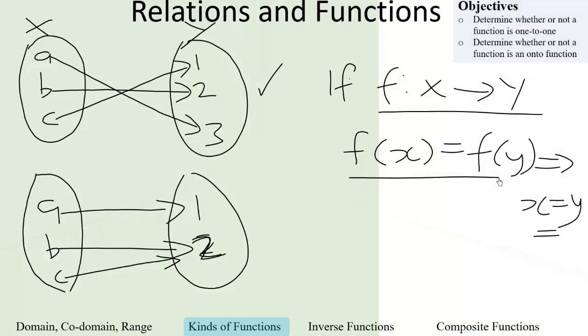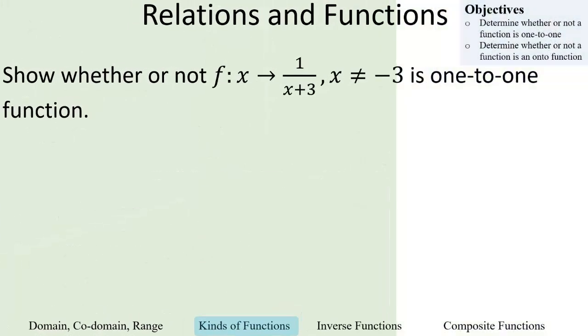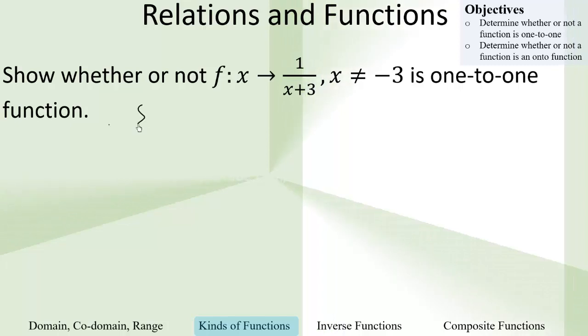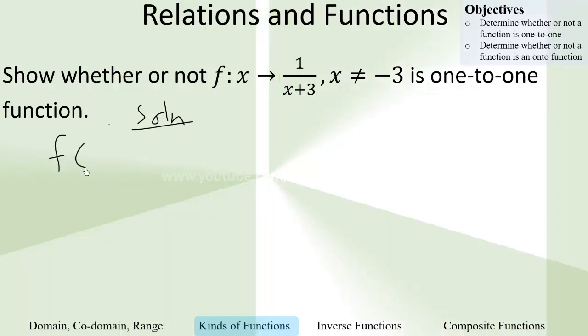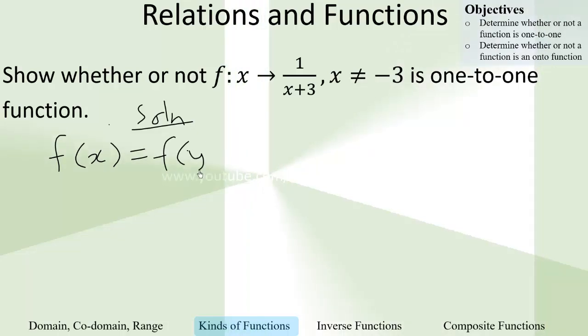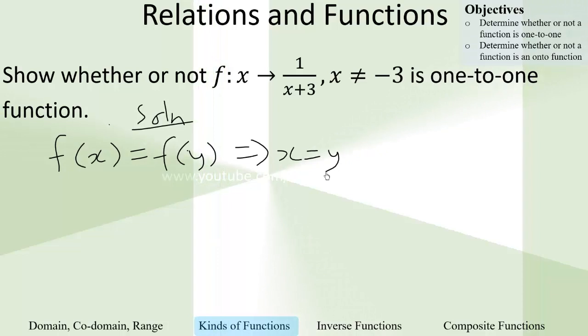Let's take an example. So we have to show whether or not f is such that x maps onto 1 over x plus 3, where x is not equal to negative 3, is a one-to-one function. So if this function is one-to-one, then f of x should be equal to f of y, and this implies that x is equal to y.